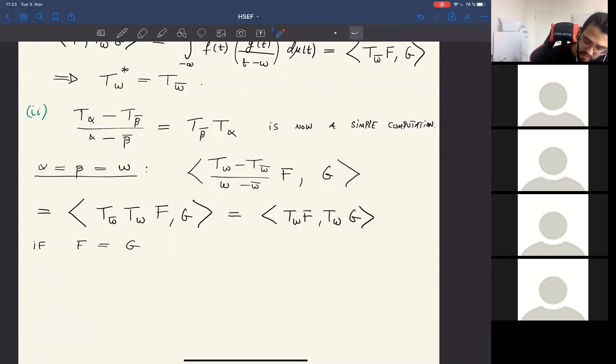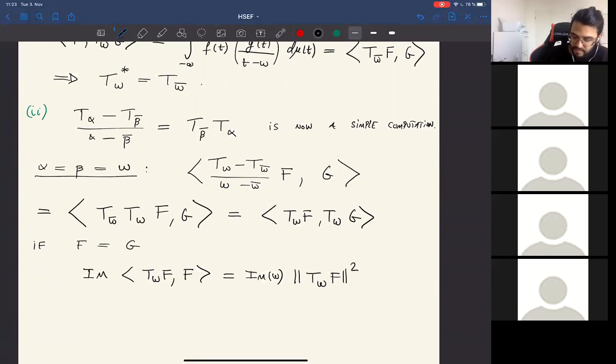We can also work out what's going on here, and it's a simple computation as well. Then you realize that the imaginary part of TW F, F equals the imaginary part of W times the norm of TW F squared. Okay, and this bit here, together with this bit, comes from this term here, and this term here just comes from this guy here, once you put F equals G.